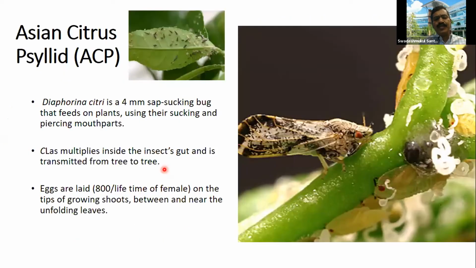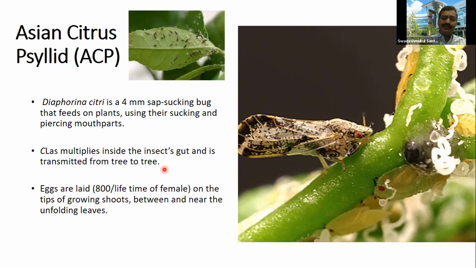The major culprit of this disease is a bacterium that is within the plant tissue. Basically, it is in the sugar transport system. And how do they get there? The culprit is the insect. It's a 2 to 3 millimeter tiny insect that feeds on the phloem tissue, which is the vascular tissue that transports the sugar after photosynthesis.